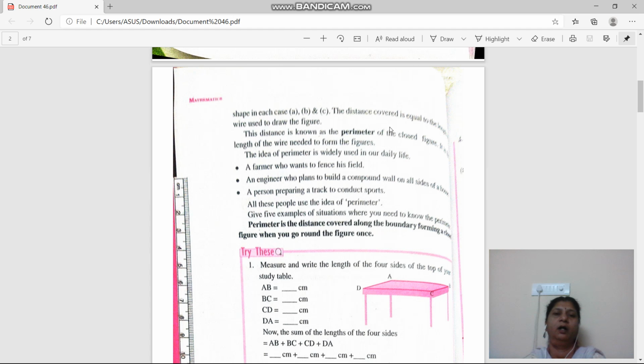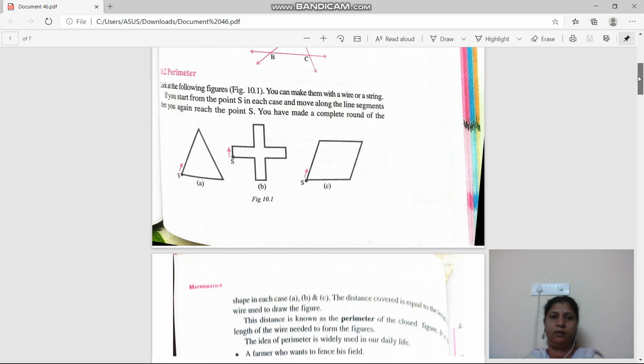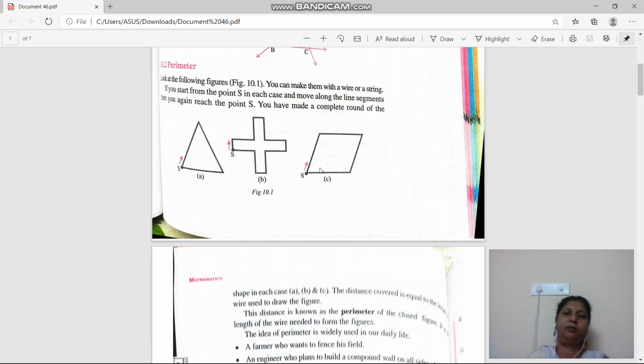Next, see here, the distance covered is the distance traveled by you around the playground.